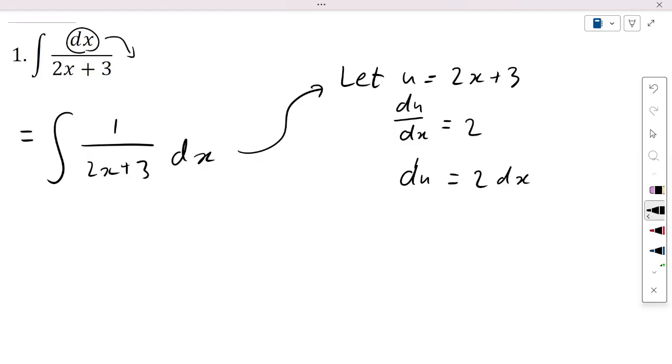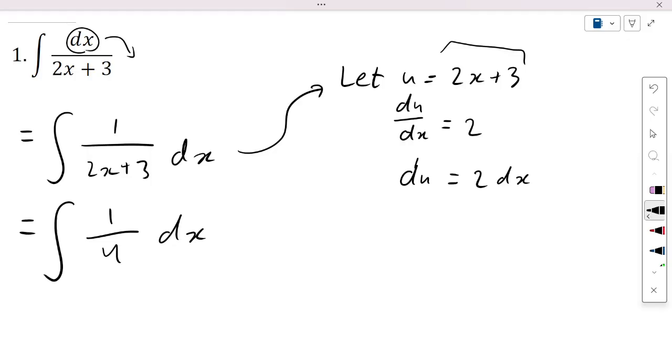What I want to first do is get dx, right? I want to replace dx, and the reason why we're replacing dx is because if we substitute, let me just substitute now. If we have the integral of 1 over, remember u is equal to 2x plus 3, so this will just be equal to u, right? With respect to dx. Now I'm going to show you why this is incorrect.